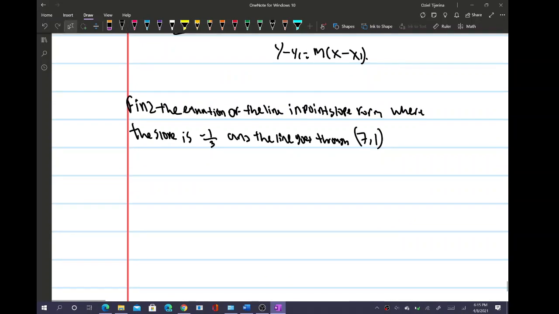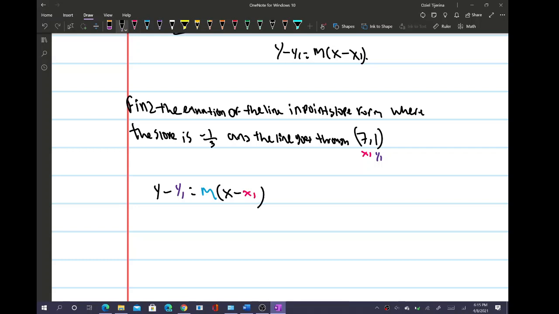So since this is your only point, you can say that (7, 1) is x1, y1, right? So you say y minus y1 equals m times x minus x1, right?